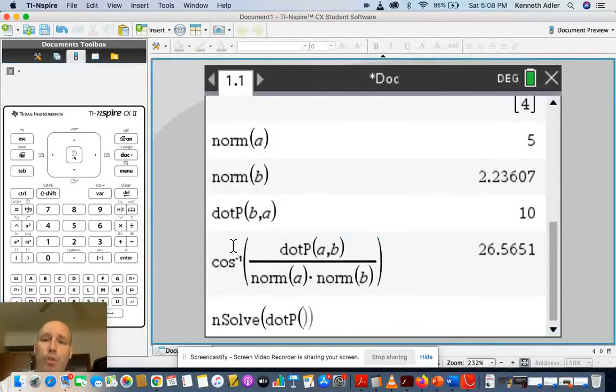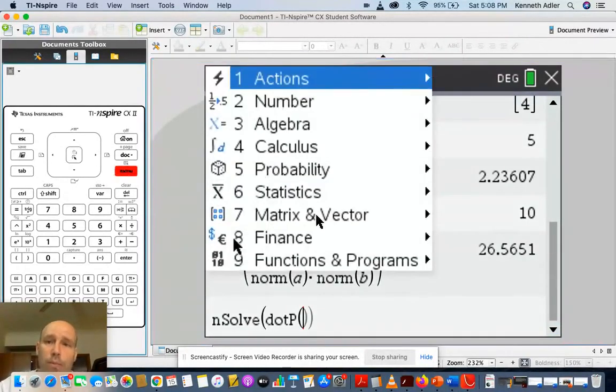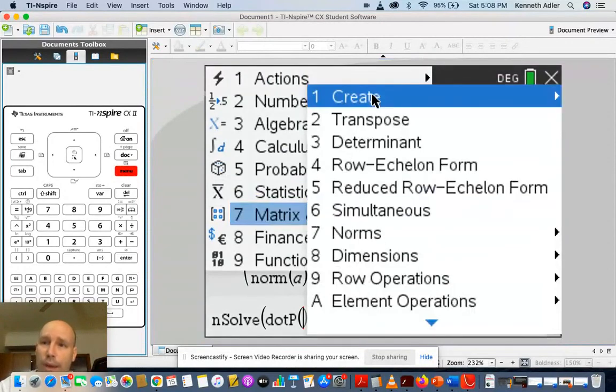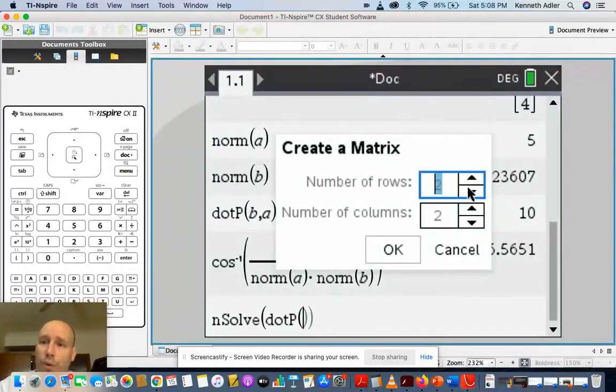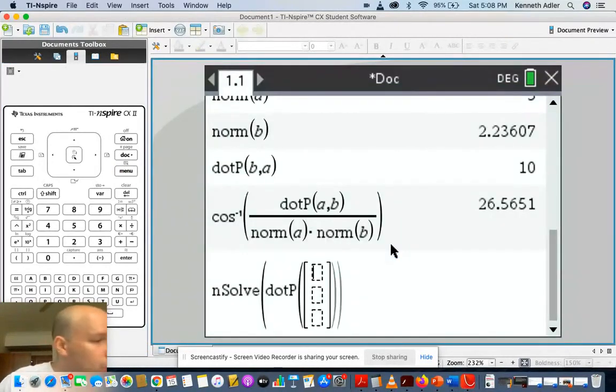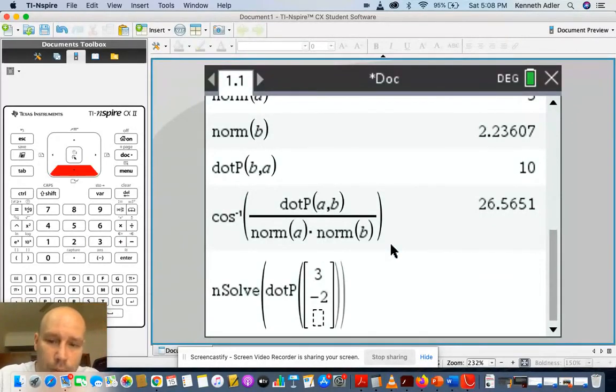And I'm going to put in the two vectors. Now you might think, can I save them? You can't do that. You can't save vectors if there are variables in the vectors. So I'm going to menu, matrix vector, create, 3 rows, 1 column. The first vector was 3i minus 2j minus bk, so it's going to be 3, negative 2, and b.